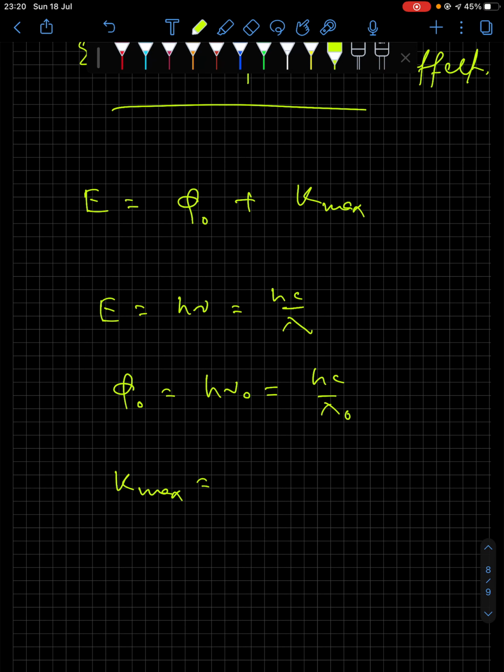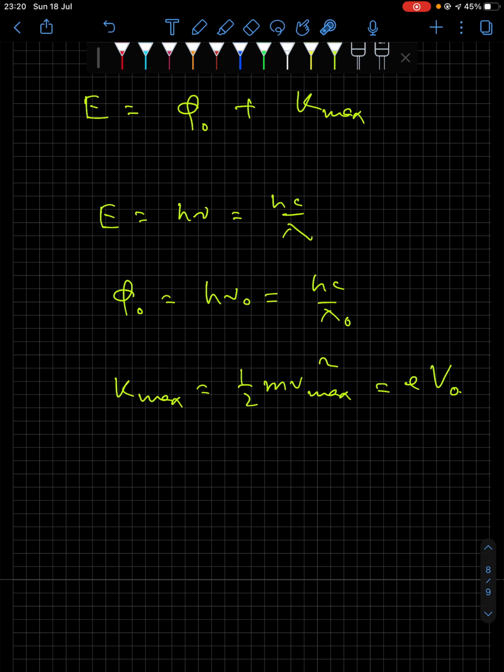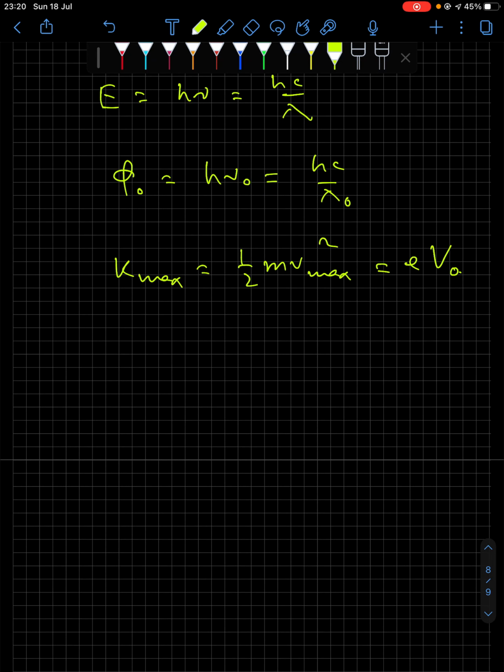Maximum kinetic energy K max can be written as half m v maximum square or eV naught, which we got in the previous discussion. Here m is the mass of the photoelectrons. So that is about Einstein's photoelectric equation. Now from here we have certain discussions which I will try to do a bit briefly.